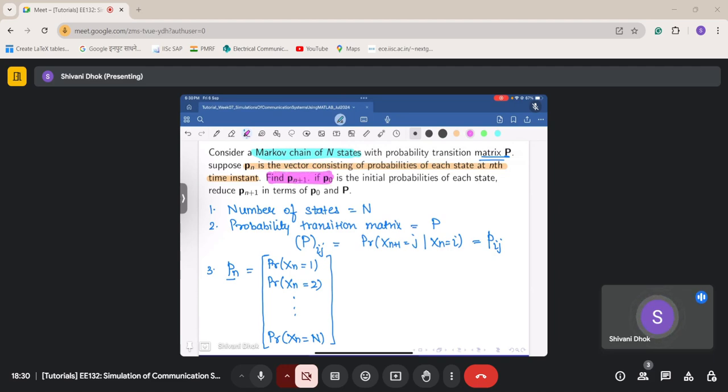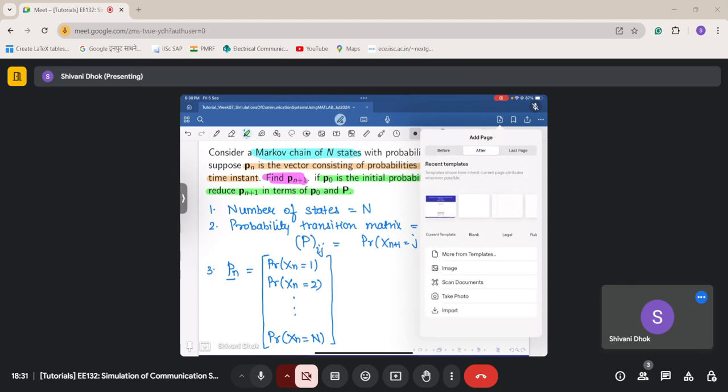And then it is asked, if P0 is the initial probabilities of each state, then reduce Pn plus 1 in terms of P0 and P. So let's first start with this Pn plus 1. What do we mean by Pn plus 1?